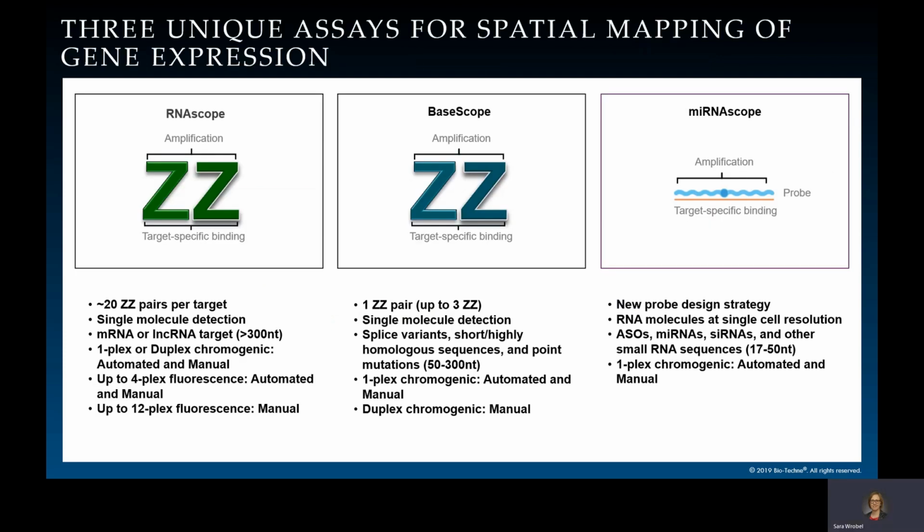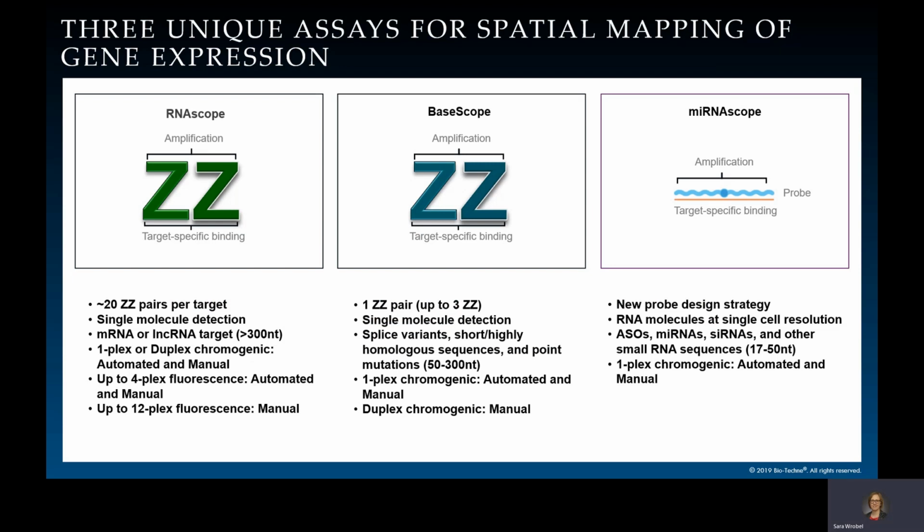To give you an idea of the different assays that we have for spatial mapping of gene expression, we currently have three distinct technologies, all based around the basic RNAscope double Z technology, which ensures that we have specificity to our particular targets.